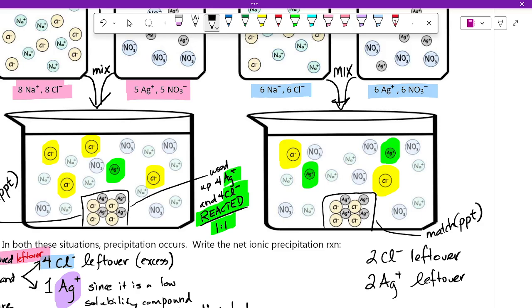Is this 1-to-1 ratio a requirement of mixing those solutions, or is it just coincidence because we happen to mix the perfect ratio?